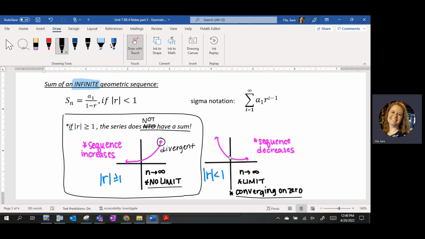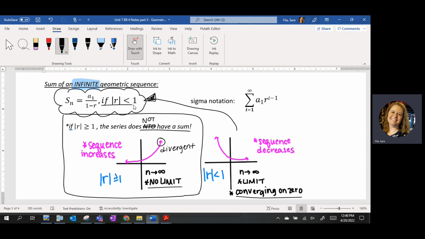Okay, it's like it's approaching an asymptote at 0. So this one, we can find the sum. Okay, so this is the one where you would use this formula right here. Okay, you would take the first term divided by 1 minus r.